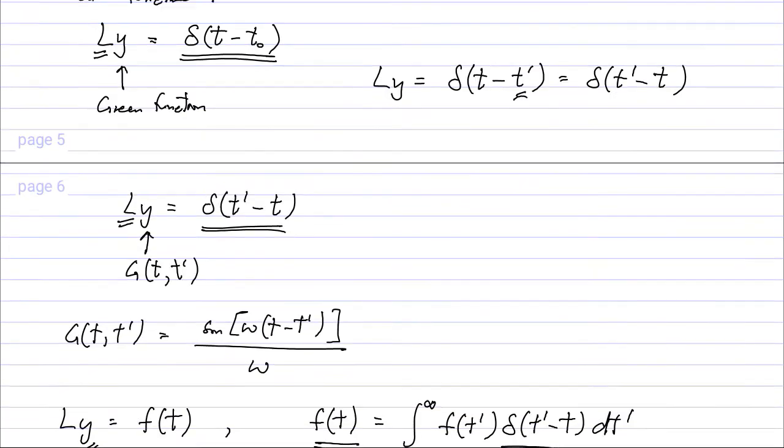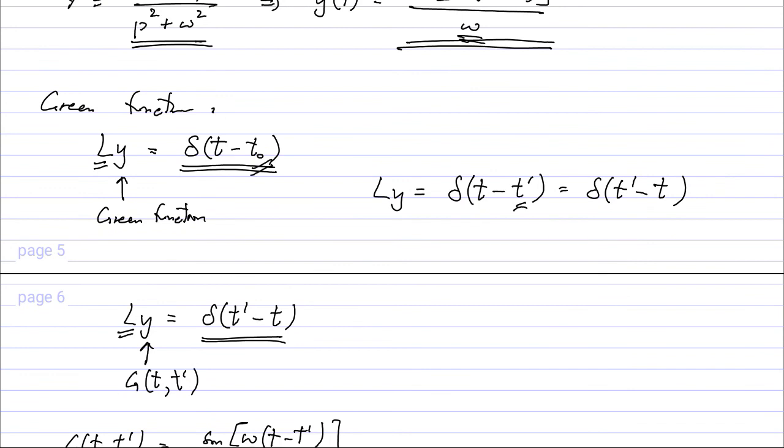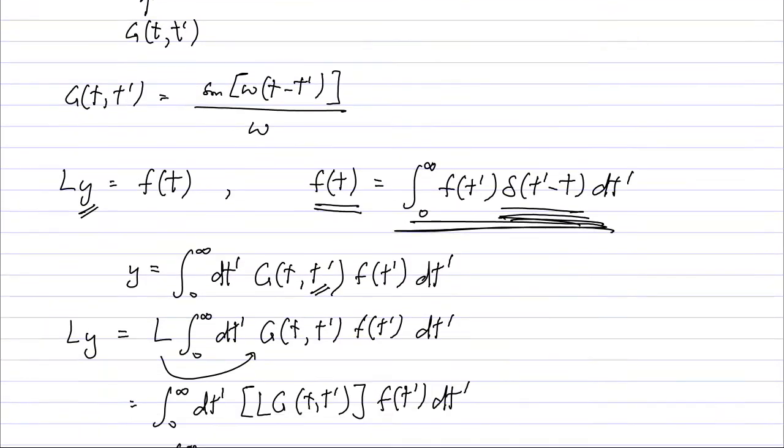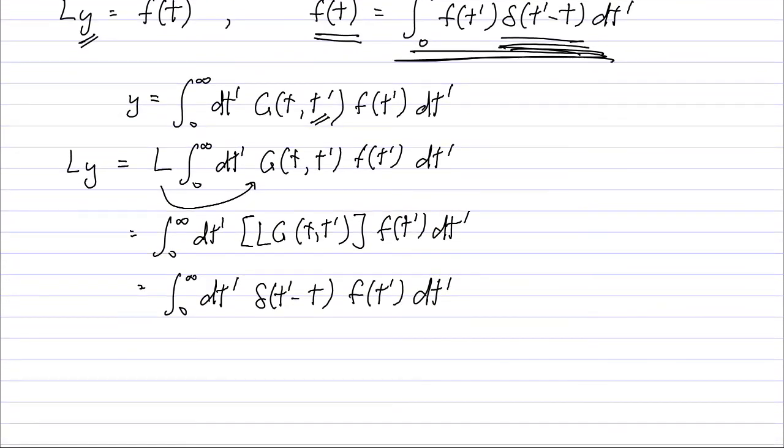That's why I changed this t naught to t prime, so that it looks more like a usual integration variable. And by using the definition of the Dirac delta function, this thing is f(t).